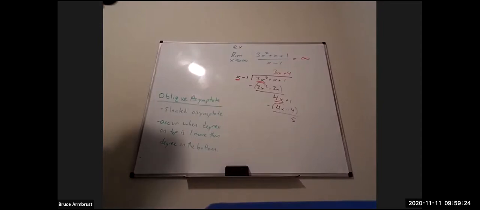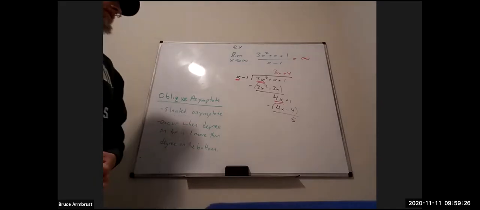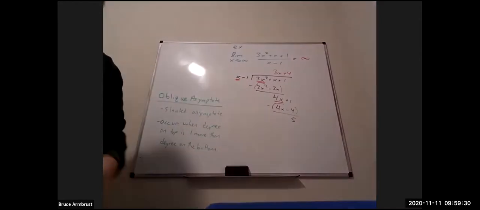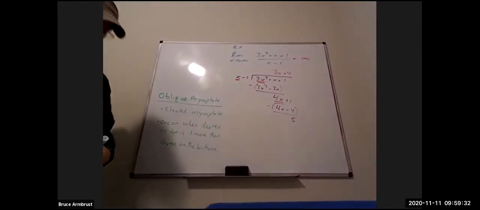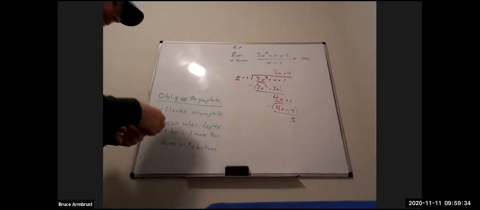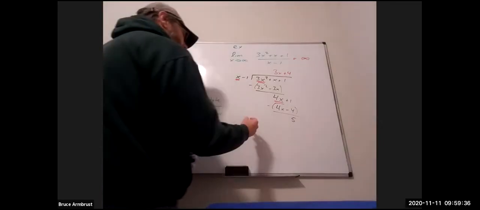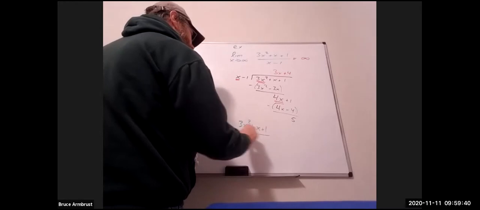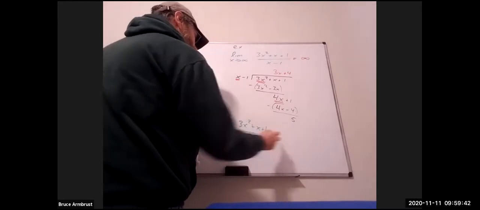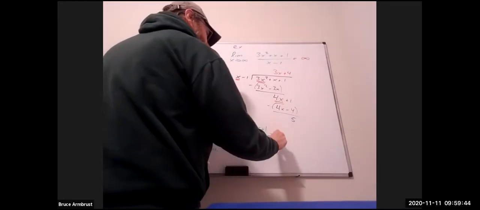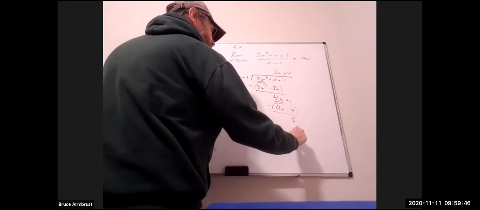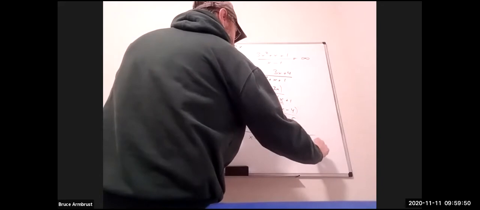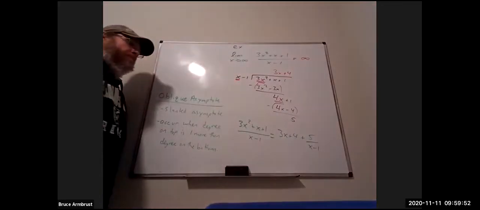And at this point, we stop because the degree of what's inside is less than the degree of what we're dividing by. So in essence, what we just did, we took this 3x squared plus x plus 1 over x minus 1. It's actually equal to 3x plus 4 plus 5 over x minus 1.